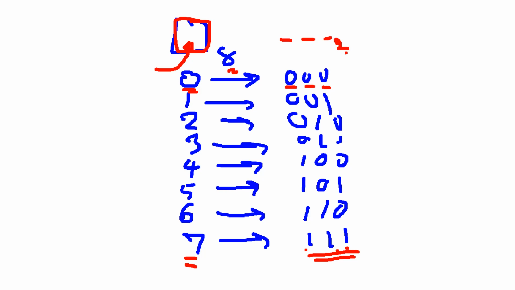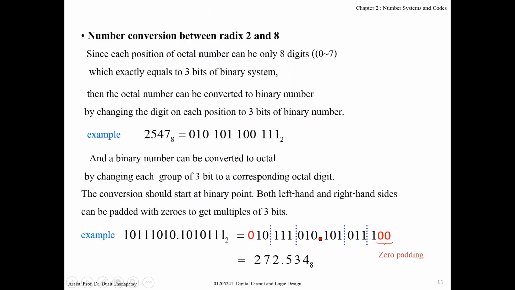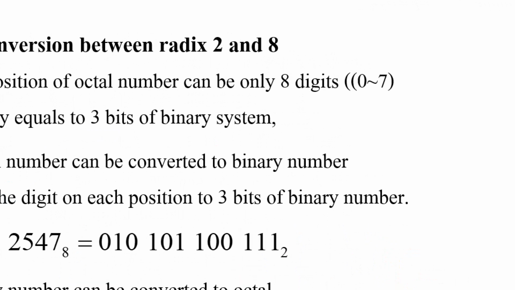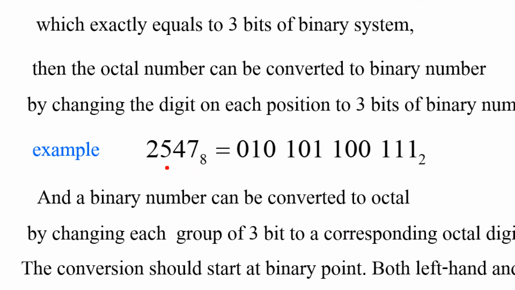That means you can convert directly between each digit in radix 8 and 3 bits of radix 2. For example, if you want to convert this value, you just consider each digit as 3 bits of binary. 7 is 111, 4 is 100, 5 is 101, 2 is 010. That's all. Very easy, right? You need not convert to radix 10 first and then convert to binary.